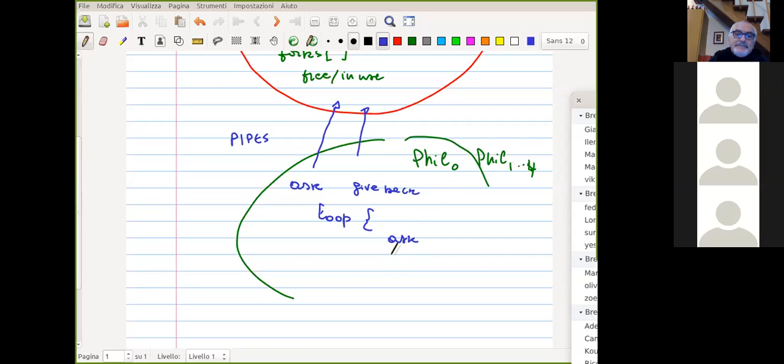So he eats. In the metaphor, that means, if you want to implement, and I want you to implement, to encode this, you delay for a random time. Random, so that each philosopher is different from any other philosopher. And then give back.